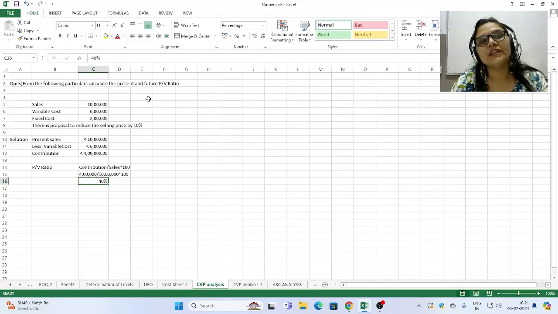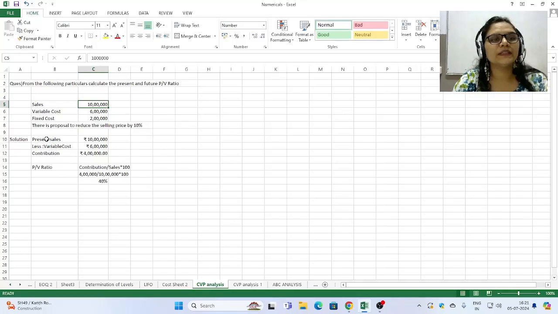And future PV ratio is when selling price is reduced by 10%. We know present sales is rupees 10 lakh.